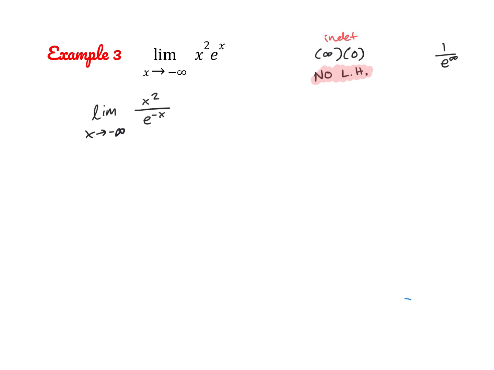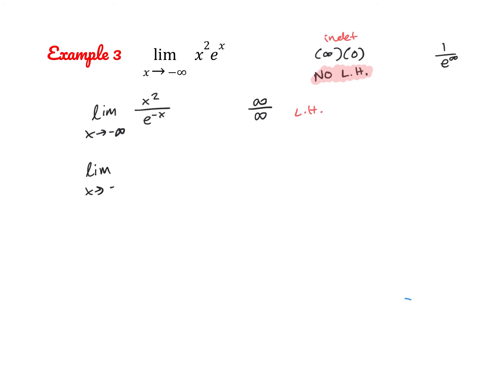Now if I did direct substitution, I get negative infinity squared, which is positive infinity, and I get e to the power of positive infinity because the negatives cancel out, which gives us another infinity. So for this indeterminate, we can use L'Hopital's rule. So by rewriting it in a different way, we're now able to use our new rule.